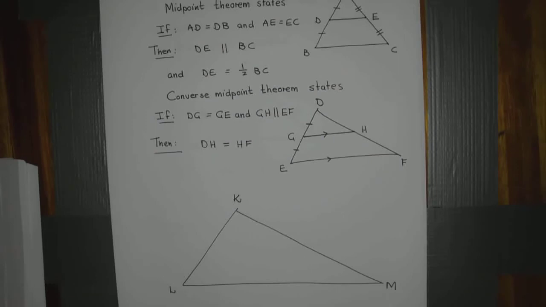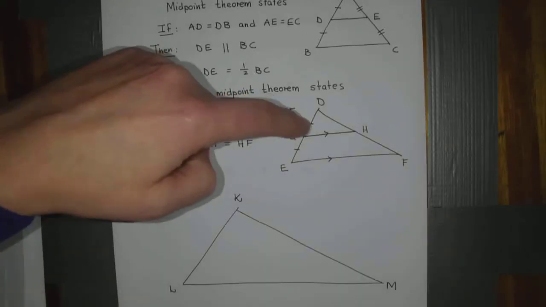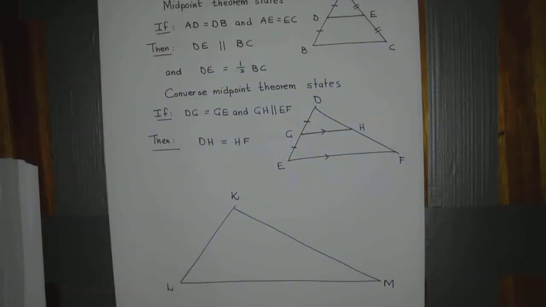Now, what I need you to understand here is the following. Going back to the discussion we just had about ratios. If this is the midpoint on this side, what can you tell me about the ratio of those two sides? What's the ratio of those two sides? Yes. 1 to 1.